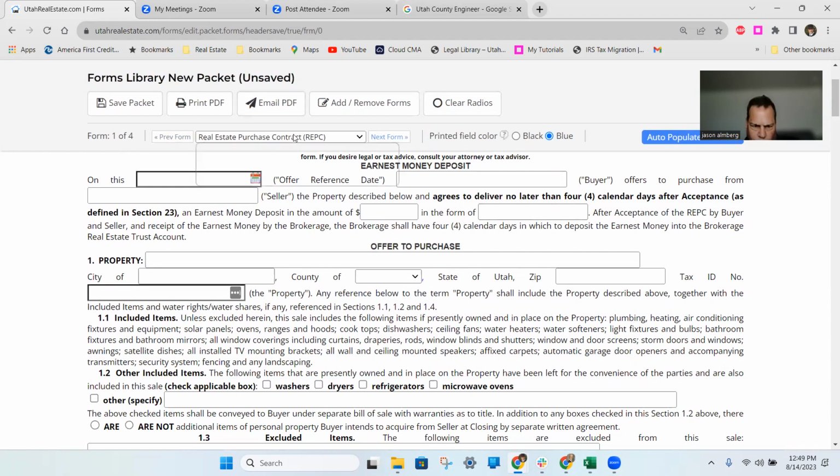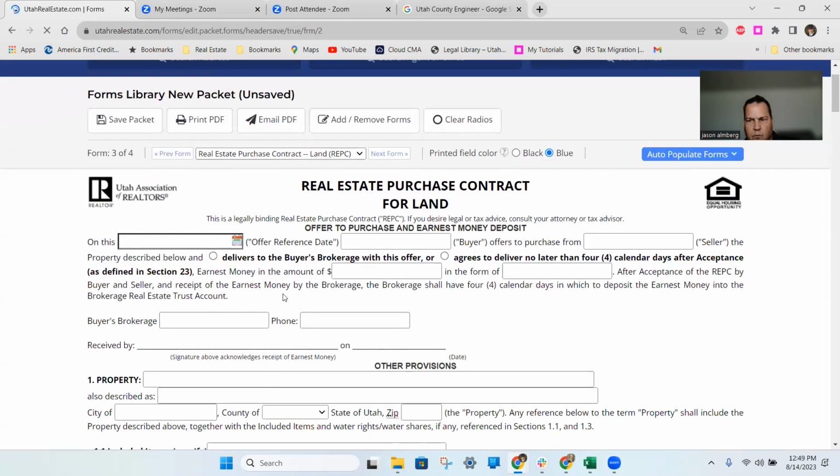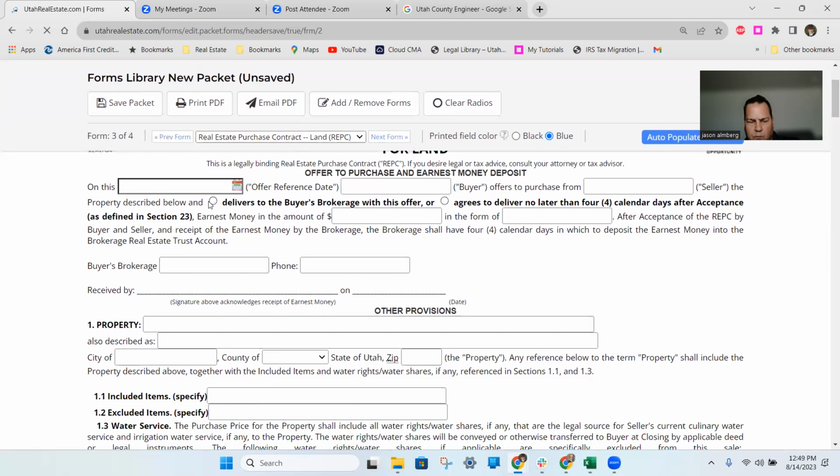The land one hasn't been updated that way yet. So just be aware that you're going to have to mark which one your client is choosing to do: provide the earnest money with the offer or after acceptance within 4 calendar days.